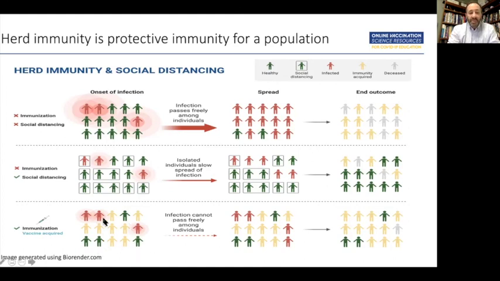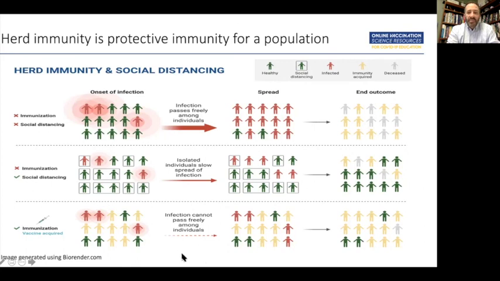So the people who are immune serve as a barrier to the spread of the infection, because if they come in contact with someone who is infected, they are less likely to get sick and to spread it to others. So the infection cannot pass freely among individuals. And those who are healthy will tend to stay healthy.